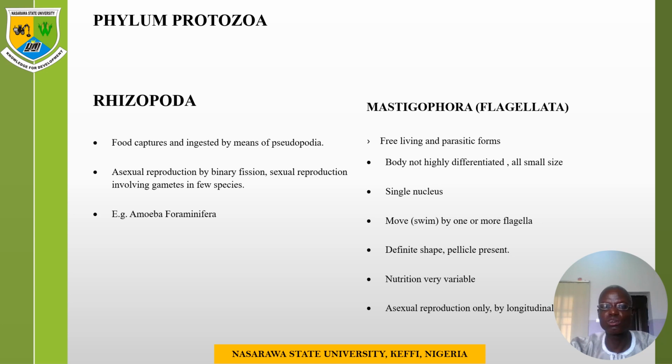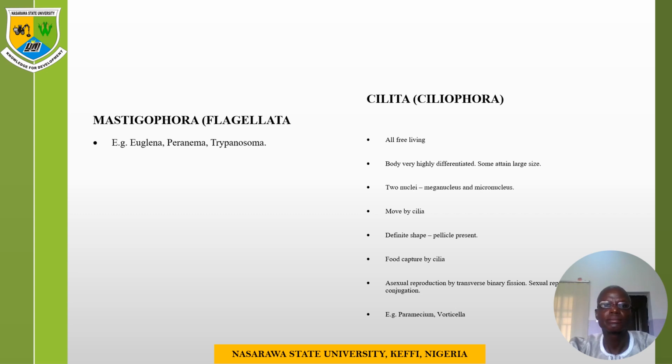Their nutrition is variable, that is, they feed on different types of materials. Asexual reproduction is only by longitudinal fission, binary fission. Examples of organisms in the class Mastigophora include Euglena, Trypanosoma.